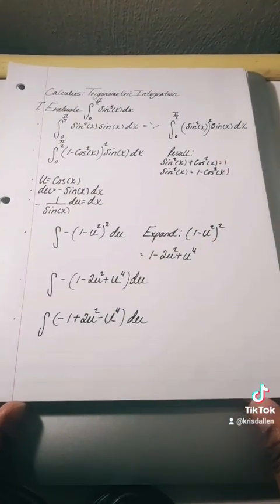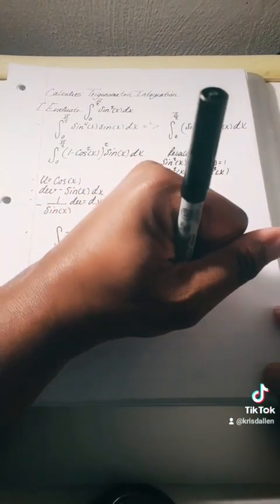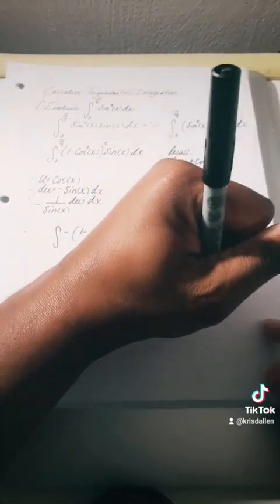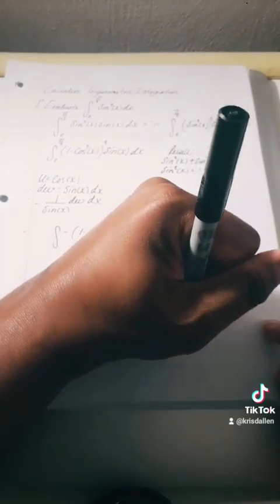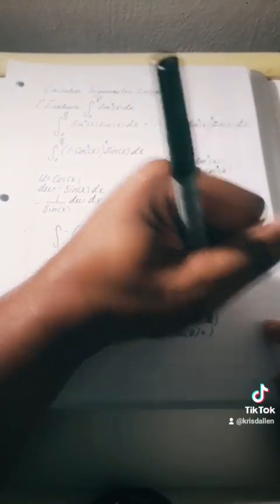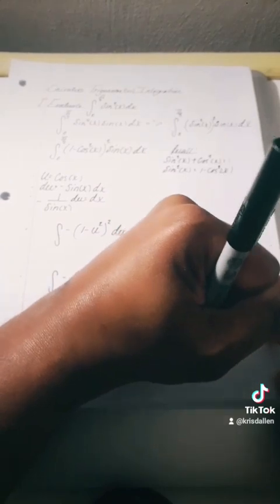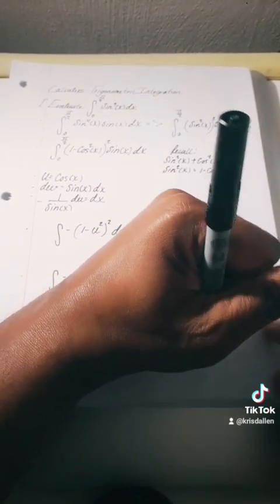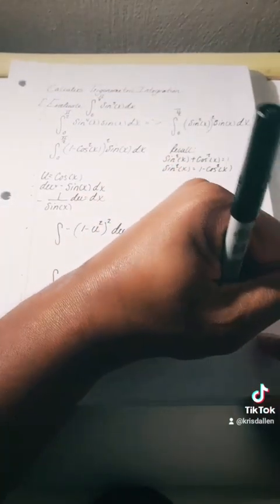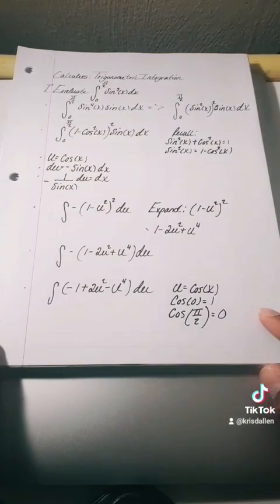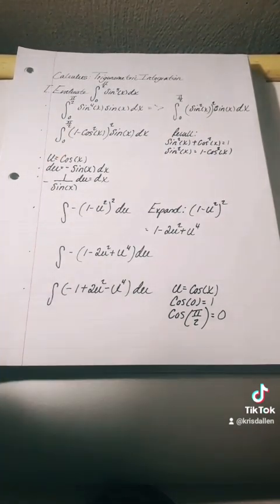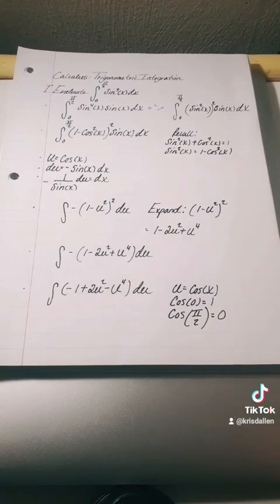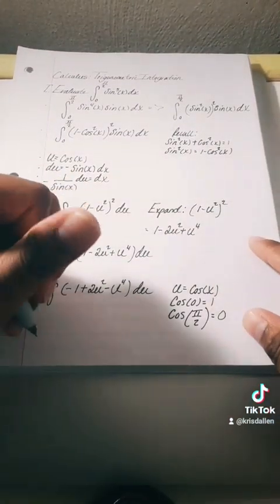Now I need to change the limits of integration. Remember that u is cosine of x. So this would be cosine of 0, which we know is 1, and then cosine of pi over 2, which is 0. Since I would end up with 1 as the lower limit and 0 as the upper, I could flip or swap the limits of integration, but I do have to change the sign of the integral to do that.